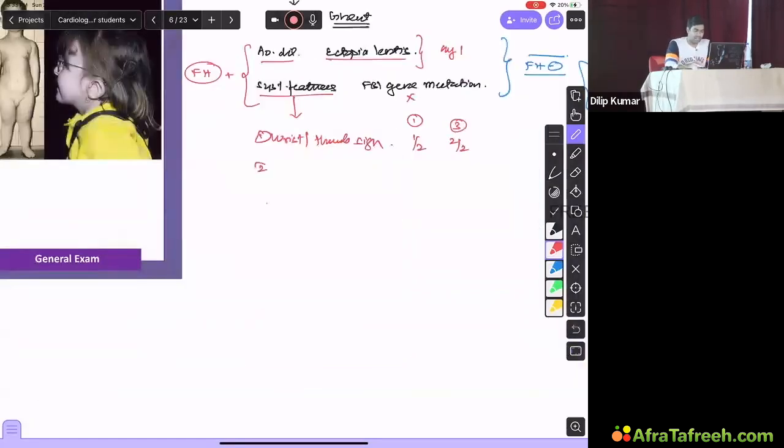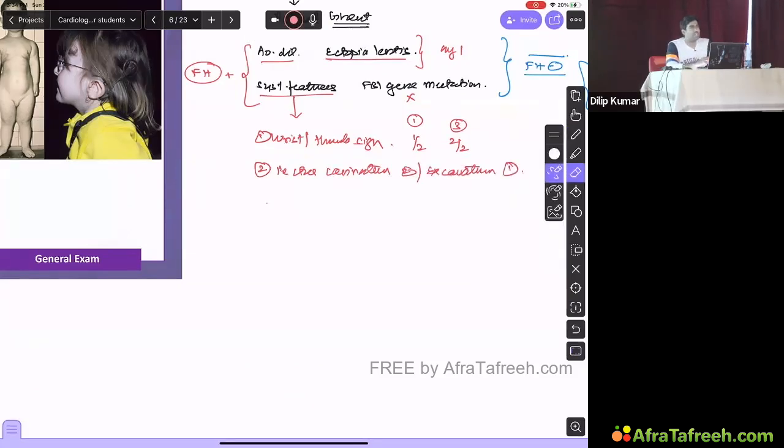Okay, second, what are the other problems? Pectus carinatum and pectus excavatum. Which is more specific for Marfan, pectus carinatum or excavatum? Carinatum, because carinatum carries 2 points, but excavatum carries 1 point. Carinatum is called pigeon chest or pigeon breast, where there is an abnormal protrusion in the chest.